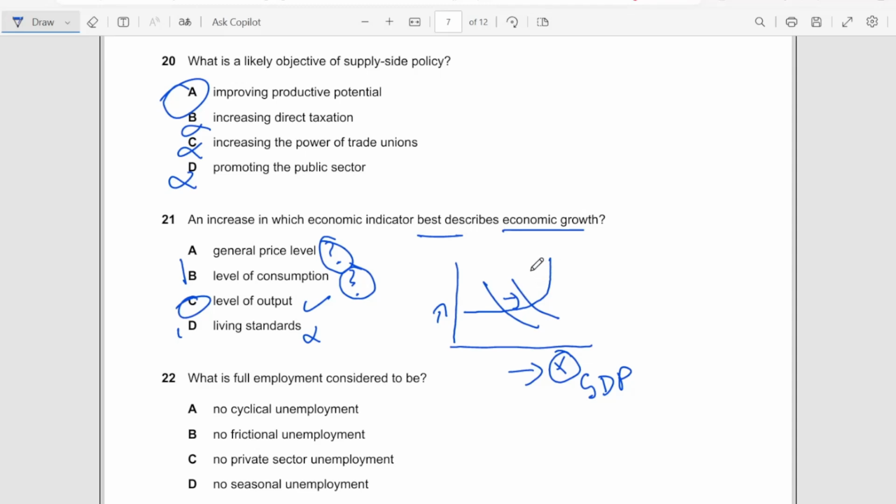Why? Because when you're operating at this curve here, which is inelastic, the output is not rising on the x-axis. There is no increase over here. We are at this point, X. It's only inflation that's increasing. So we want there to be an increase in the level of output. Please try to understand, for there to be an increase in the economy or economic growth.